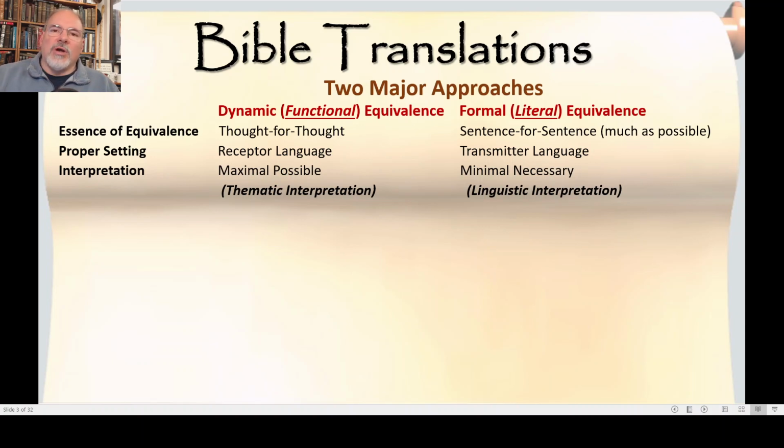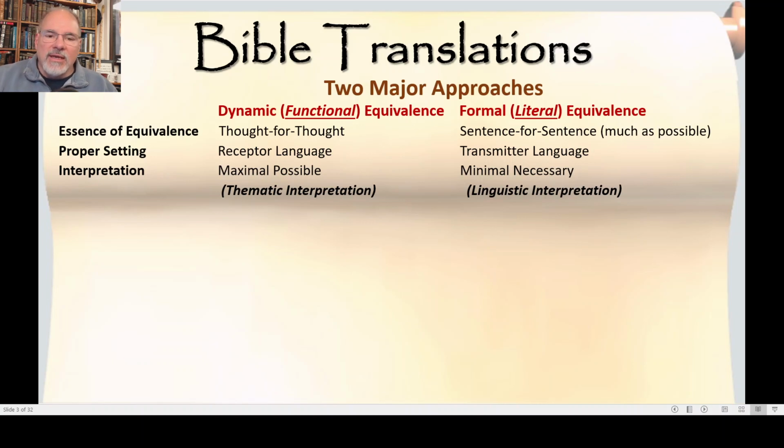But what they try to do in a paraphrase is they try to basically put the sentence, the verse, into their own words, which means they're going to have to do some translating beyond just what the words mean, and you're getting into interpretation.